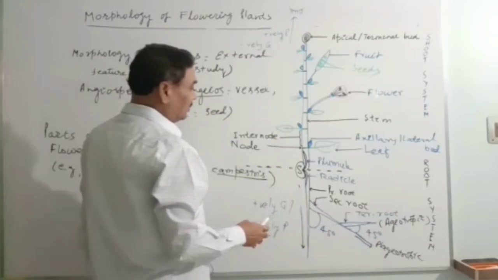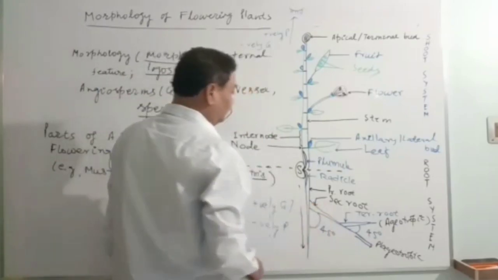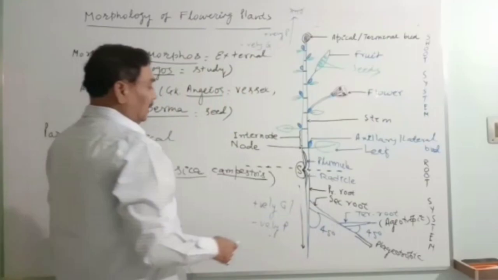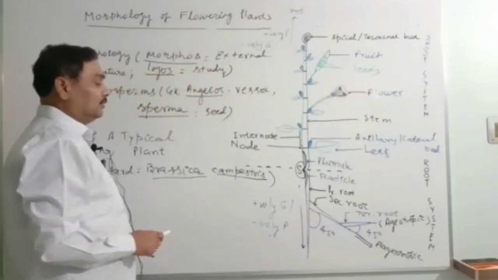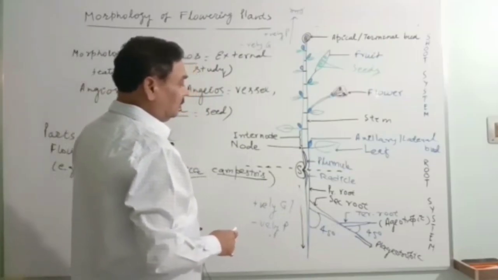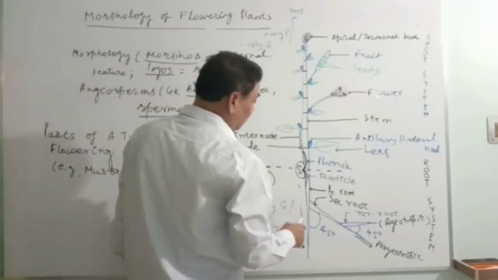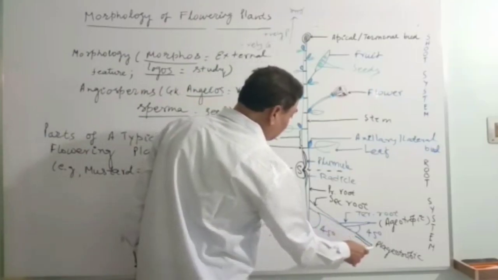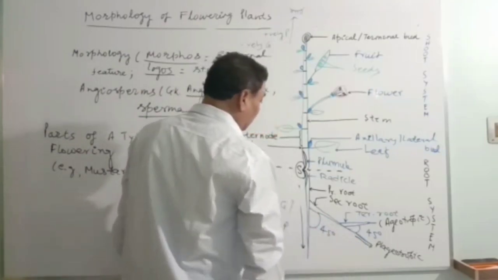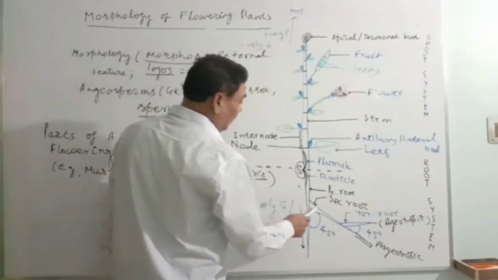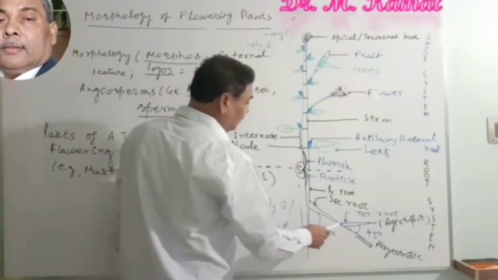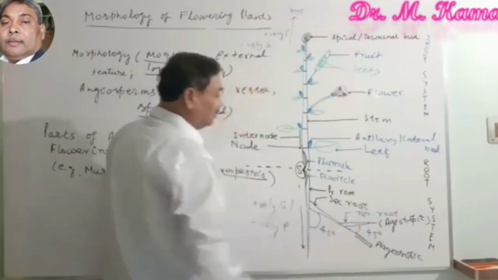From primary root, secondary root arises endogenously at an angle of more or less 45 degrees. Thus, the mode of growth of secondary root is said to be plagiotropic, because any plant part growing undergroundly and obliquely is said to have plagiotropic mode of growth.